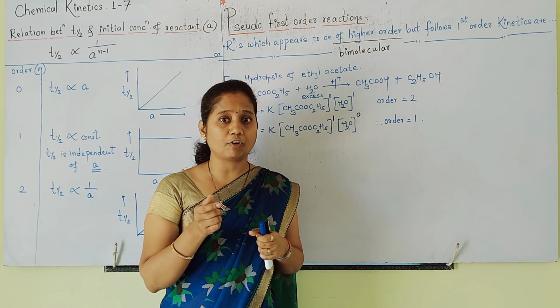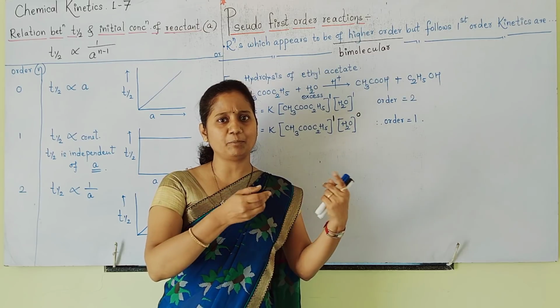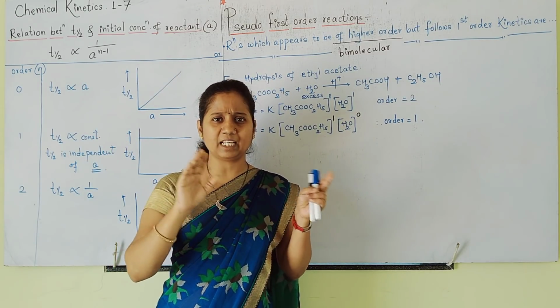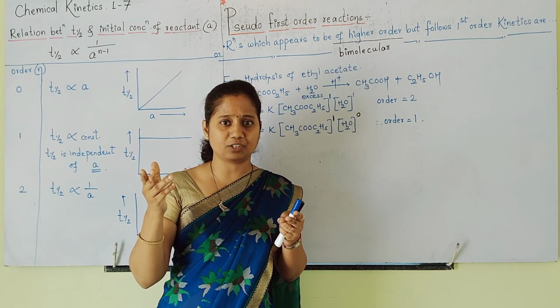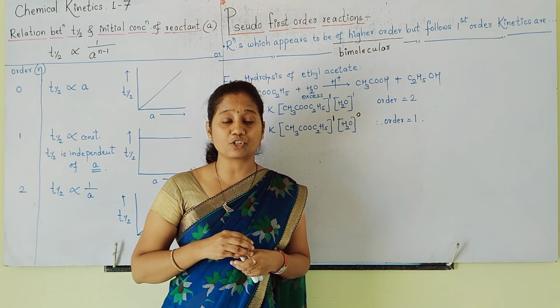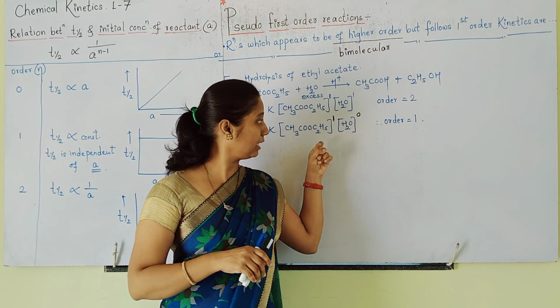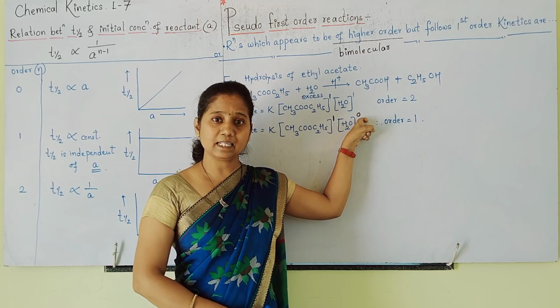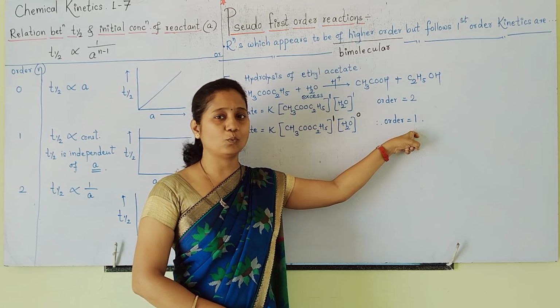Much concentration of water will not alter. Some water will be used up, but the concentration of water will be much more, so there will not be much change in its concentration. So finally water is considered constant, and that's why water becomes raised to 0 and order becomes 1.